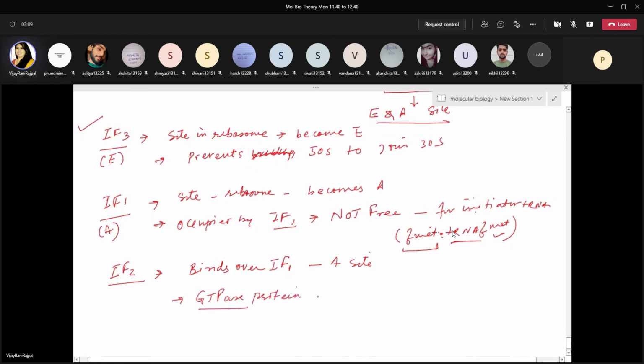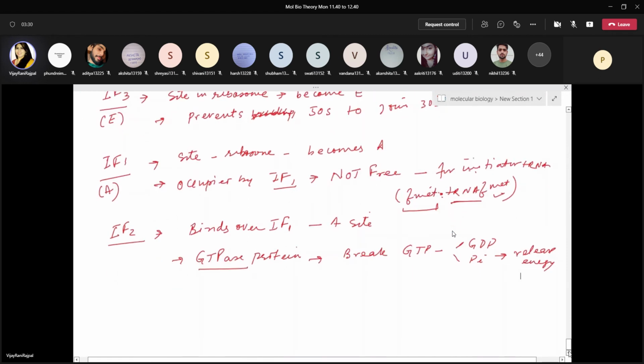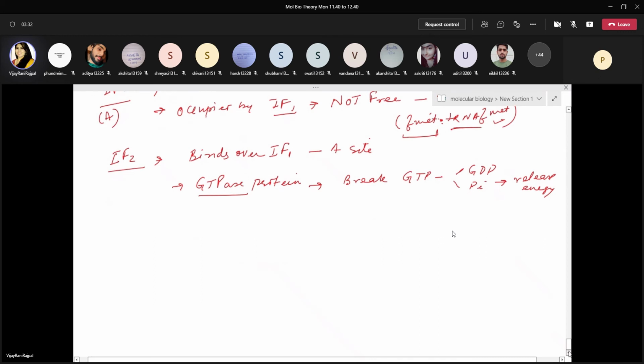Any protein that will break GTP into GDP and Pi, and this will release energy. Just like ATP is broken down into ADP and Pi and energy is released, GTP is also broken down into GDP and Pi, inorganic phosphate, and energy is released.